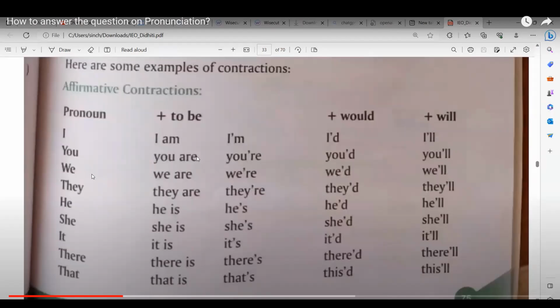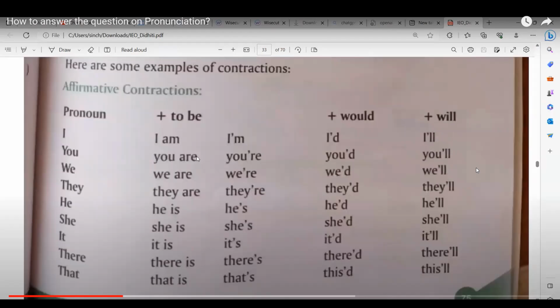Ma'am, you to be, you are; you would, you will. Very good, excellent. So A is omitted here and we are using the apostrophe and RE. Here, you would, we are using you, then the apostrophe, then D. Then here, you will, we are using you, then apostrophe and double L.